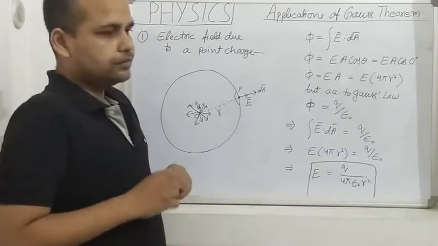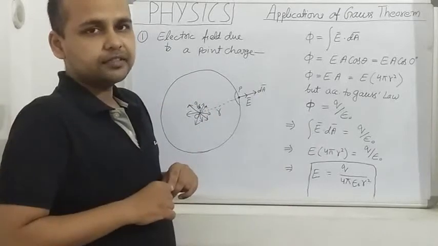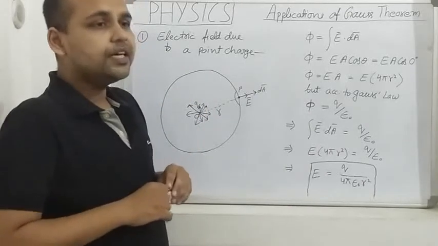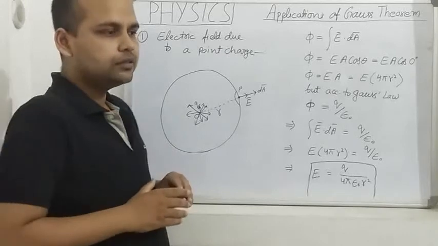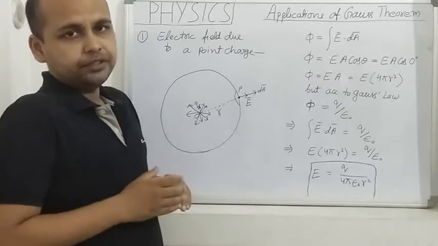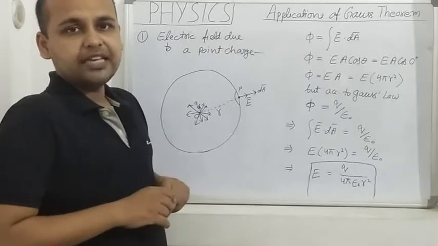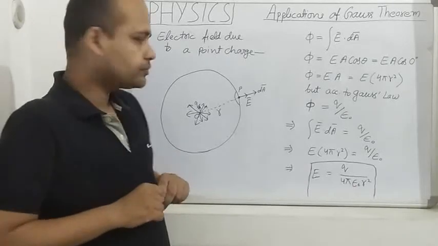Now, in this, two more cases are there. If there is a uniformly charged spherical shell, then what will happen?